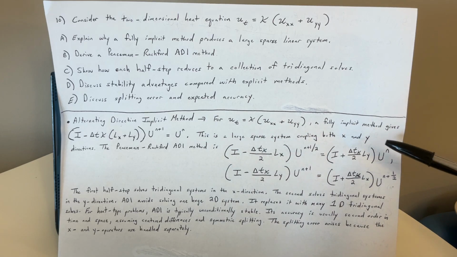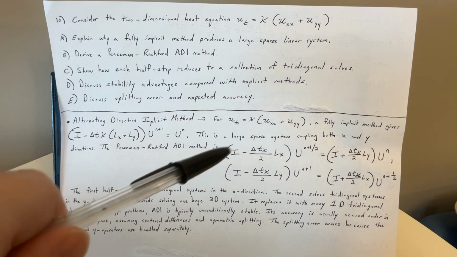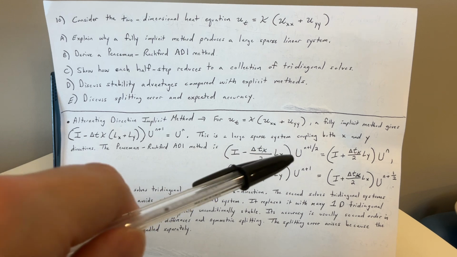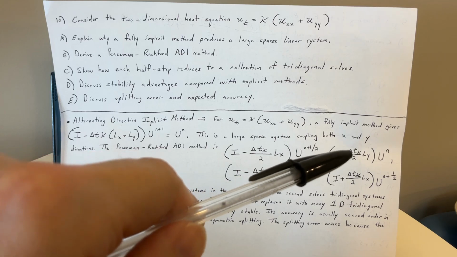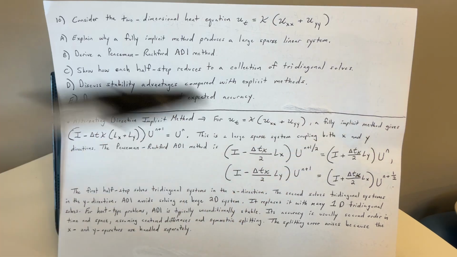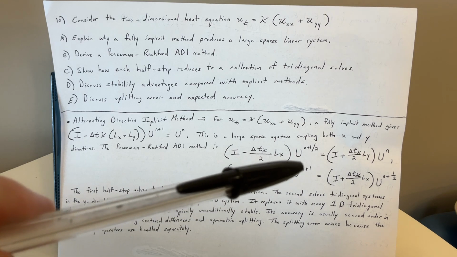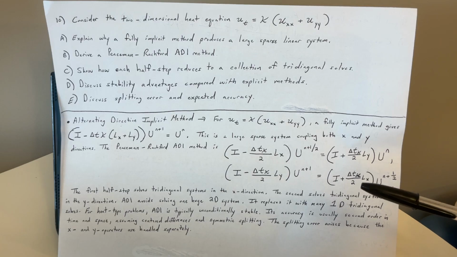A fully implicit method gives us a large system. The Peaceman-Rachford ADI method is this: (I minus delta t kappa over 2 Lx) u to the n plus 1/2 equals (I plus delta t kappa over 2 Ly) u to the n. And then (I minus delta t kappa over 2 Ly) u to the n plus 1 equals (I plus delta t kappa over 2 Lx) u to the n plus 1/2. My apologies if I mispronounce any of that. I'm just going through this quickly.